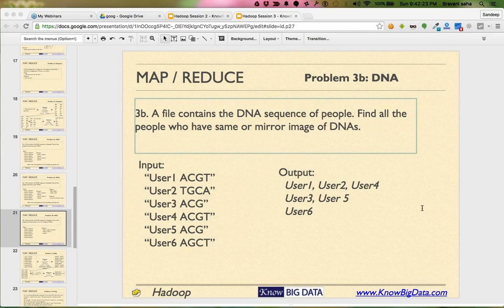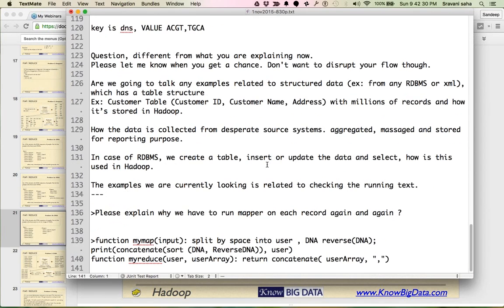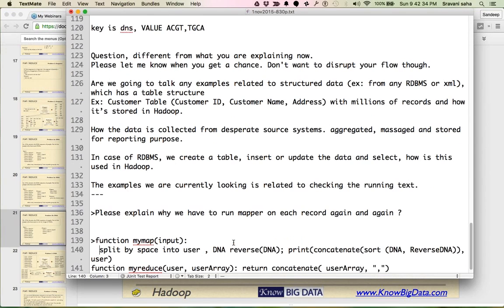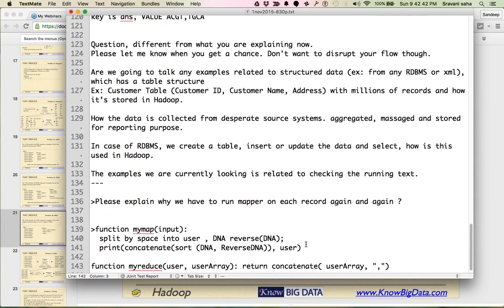Randir says that this is interesting, and let me just paste it. Okay, so map input. This is brilliant.